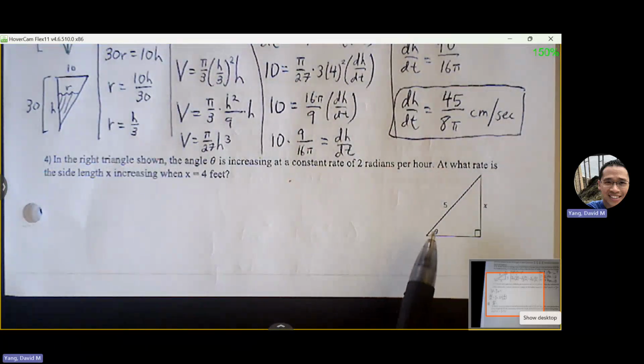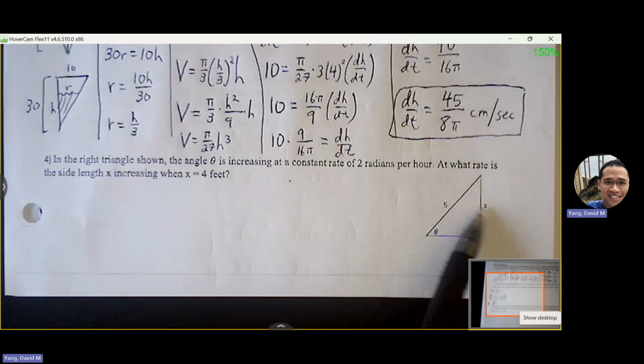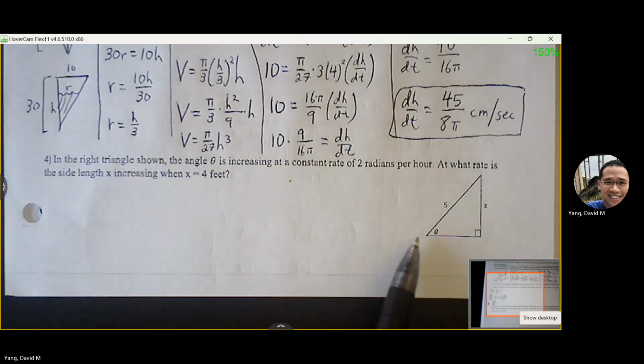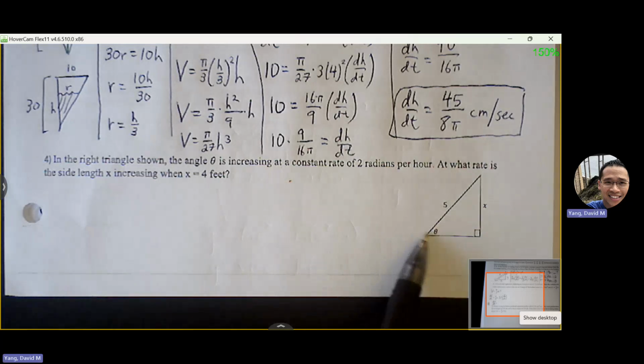Now, everything is here in front of us for us to build our trig equation. We got to decide which trig equation is going to allow us to involve theta, x, and the 5. So we're deciding between sine, cosine, or tangent. So imagine you're sitting here at theta and you're looking out at the x and the 5.